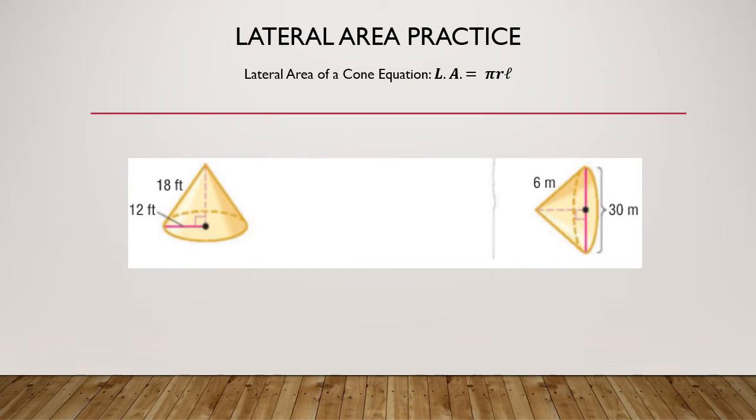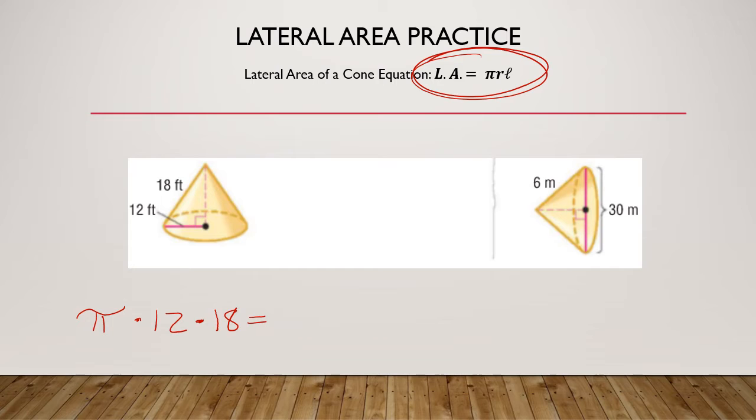Let's do some practice on our own here. First example has a slant height of 18 feet, so a rather large cone, and a radius of 12 feet. I'm going to use this equation as I go through, and I'm going to replace the radius and the slant height with the given numbers. So I'm going to go pi times 12, which is the radius, times 18, which is the slant height.